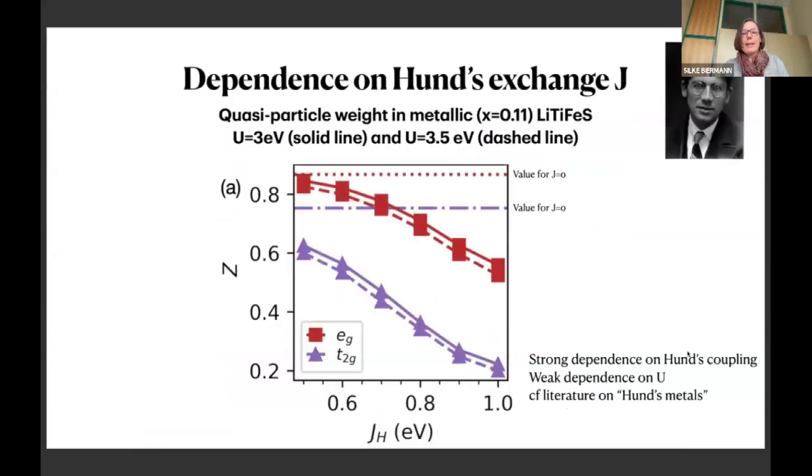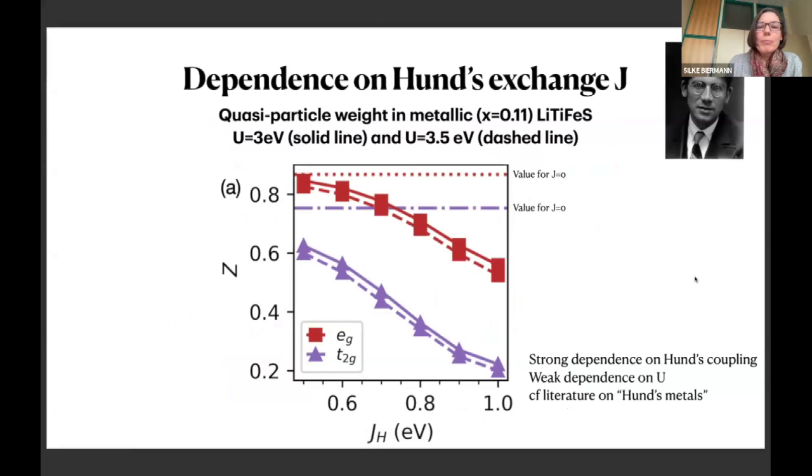Okay, having said that we are dealing with a metallic compound for the lithium-poor version, we can of course also now investigate the properties of this metal from the point of view of a DMFT person, of a correlated metallic system.